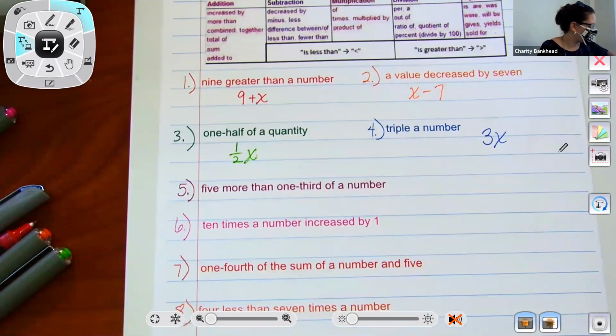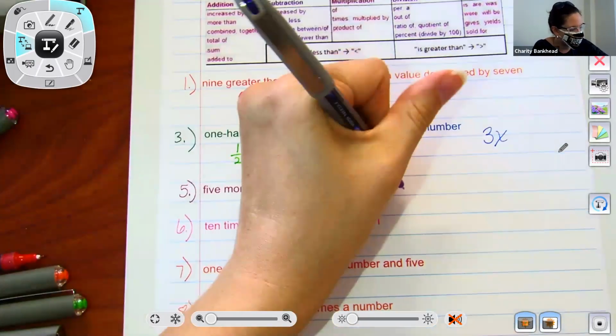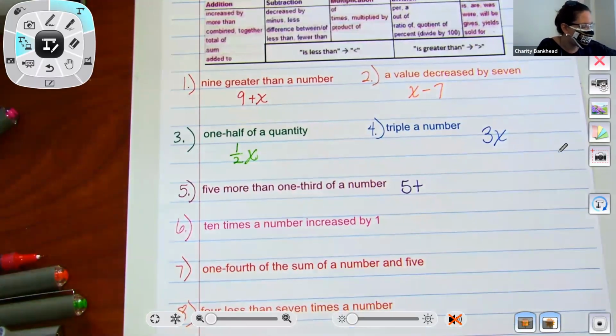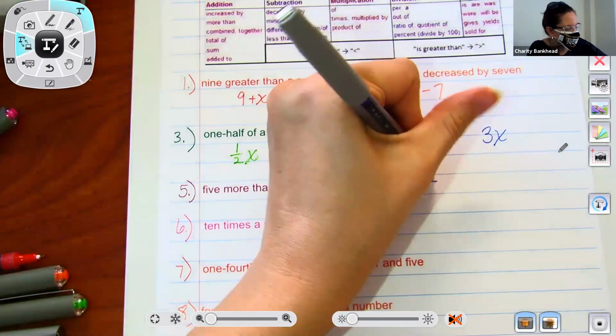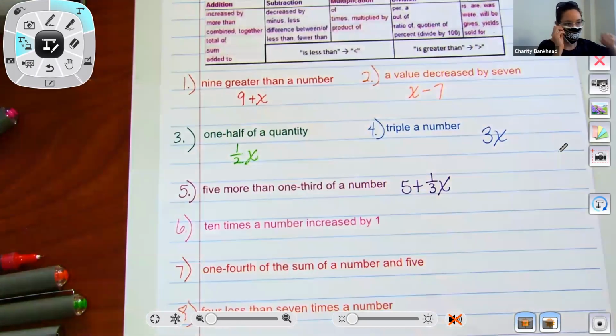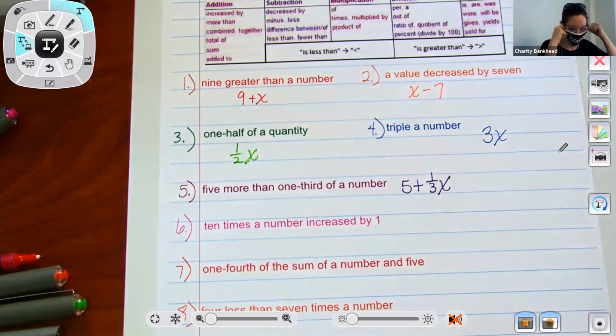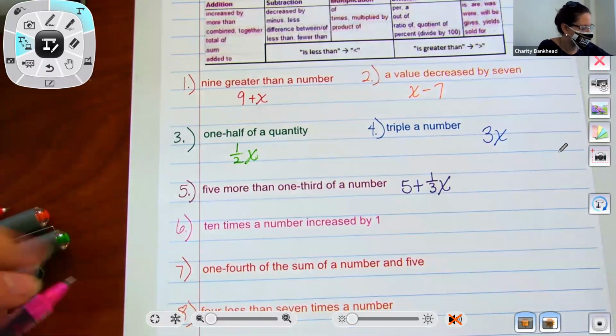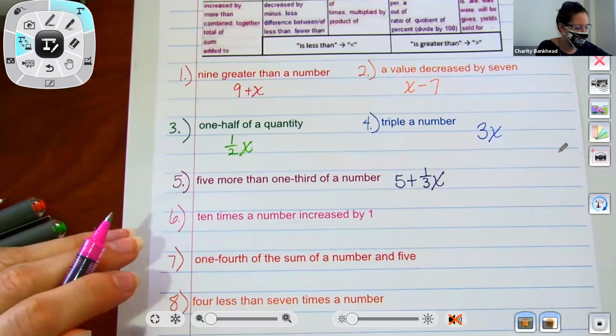Okay, number 5 says 5 more than, so that would be 5 plus 1/3 of a number. In other words, 1/3 X. Number 6 says 10 times a number increased by 1.